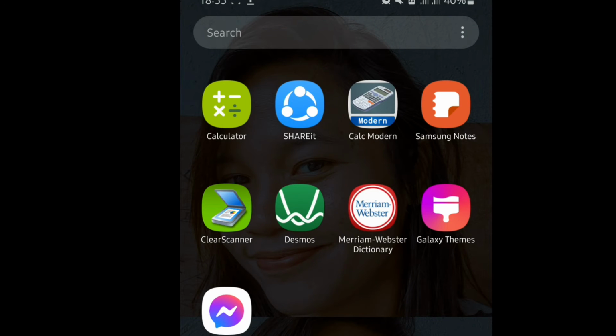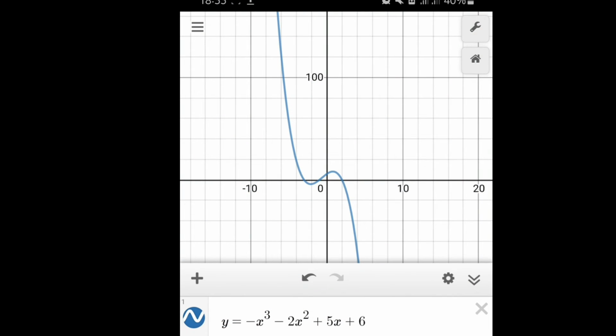Also use this tool. So, I downloaded it here. So, I input our first example. Y, this P of x, can also be f of x or y equals negative x to the power of 3 minus 2x squared plus 5x plus 6.